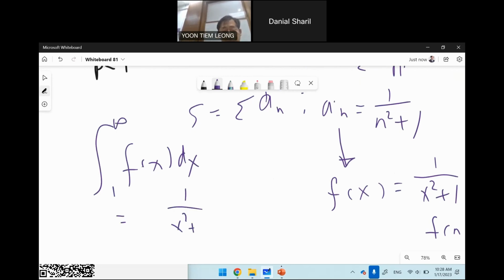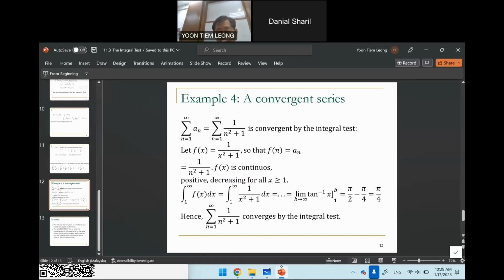We have seen it again and again. So you integrate this for x from 1 to infinity, then you carry out the integration. You know how to carry out this integration; we have seen this many times already. I think this is an integration that involves arctangent. So yeah, I think it's equal to arctangent.